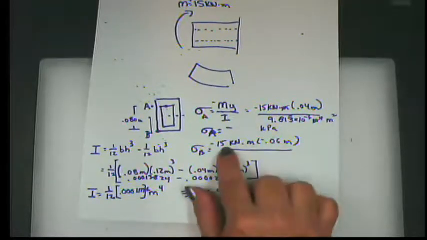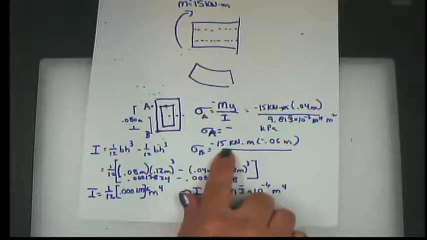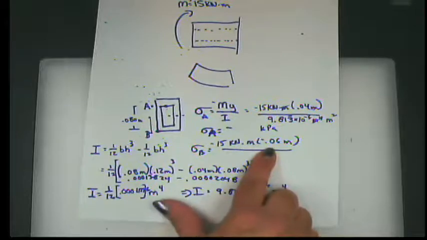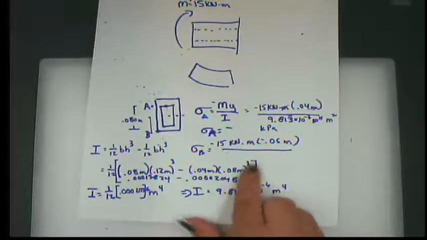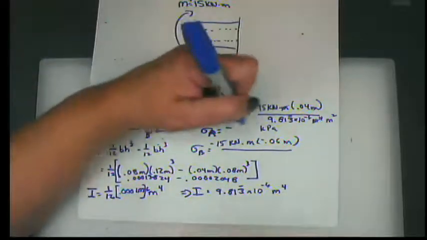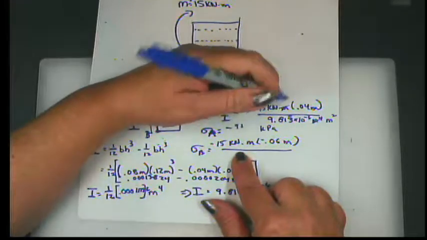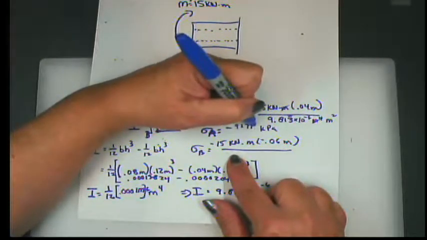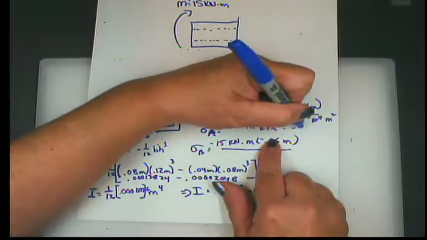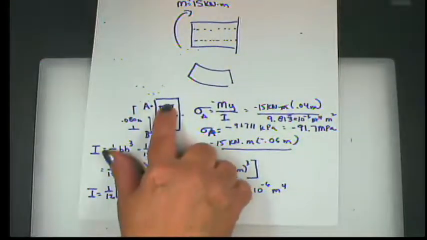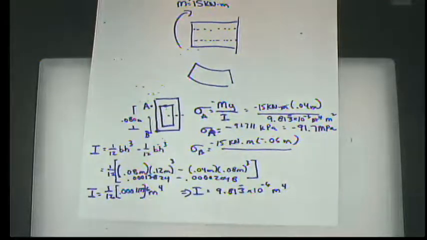So if I do the math, take this 15 kilonewtons and this 0.06, I get a value of 91711 kPa, which is minus 91.7 MPa. That's the value of the stress right here.